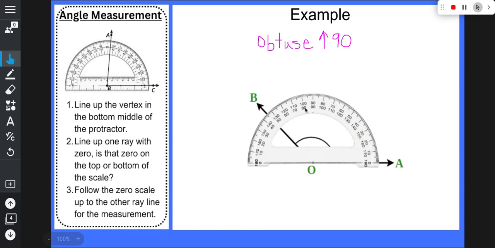If we look at the protractor, we see there are top scale numbers and bottom scale numbers. The bottom line in your angle tells you which scale to use. So right now, this A ray is pointing to the 0 of the top scale.